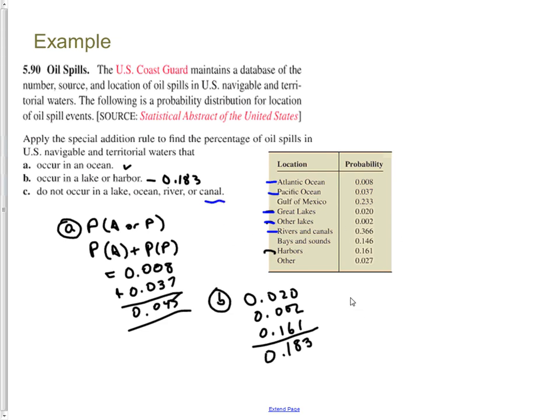Now what we could do is that we could just go ahead and add these up. 0.008 plus 0.037 plus 0.020 and 0.002 and 0.366, right?